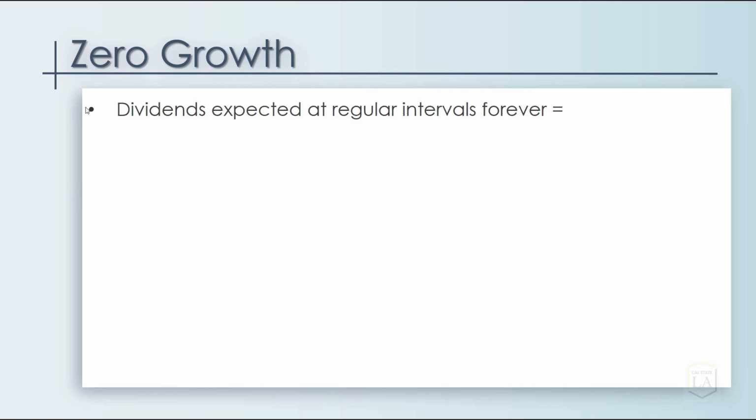So what that means is, from what we learned in chapter 4, the perpetuity model could be applied here. So if we apply the perpetuity model, our price, where 0 indicates the price right now, the price of the stock right now is going to be equal to the dividend, which is supposed to be constant, divided by the discount rate. So a very simple formula should be applied here.